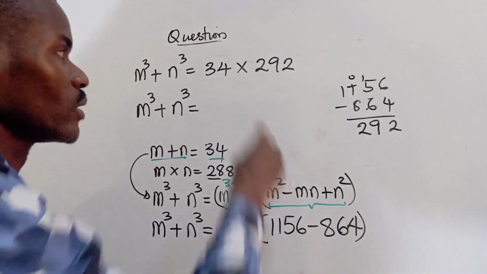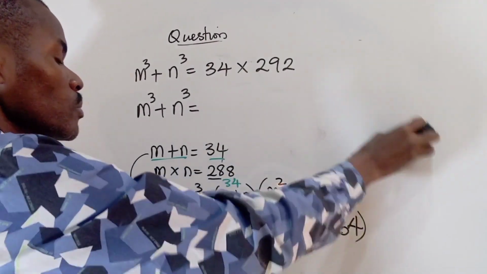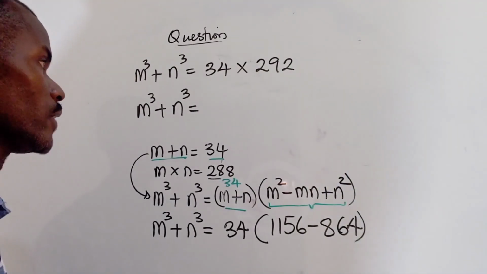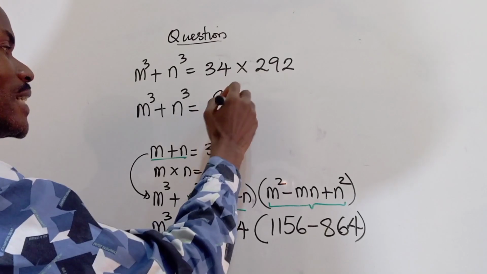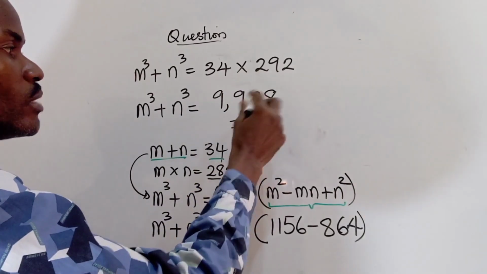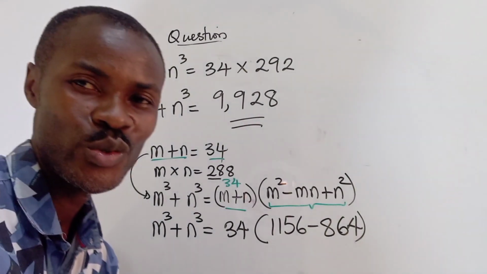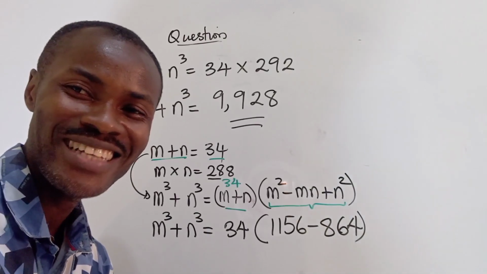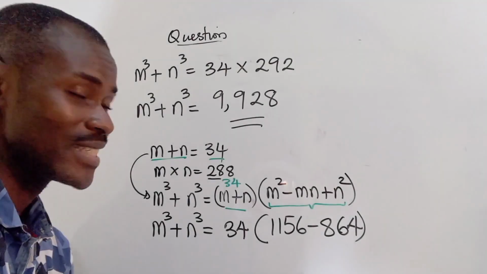Now all we need to do is multiply these two, and we get 9,928 if you simply multiply those two. So that gives us a simple answer to this problem.